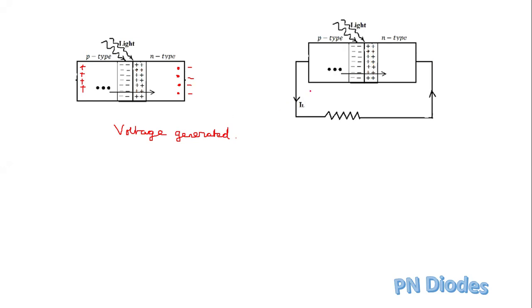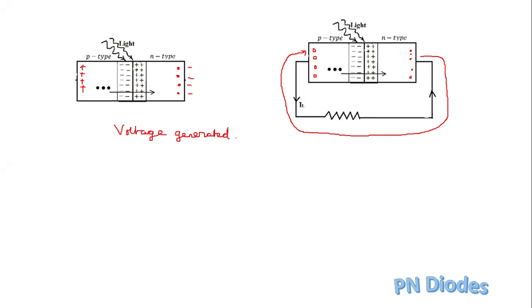So the moment I connect this, the electrons from here will start flowing over here. They will rejoin with the holes over here. The holes is what we call plus. So there is some recombination of electrons and holes.